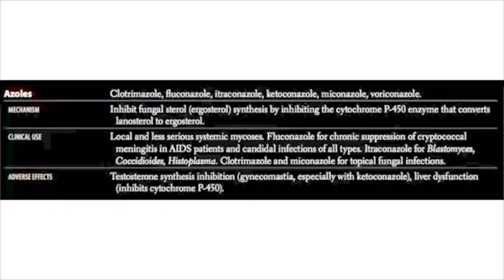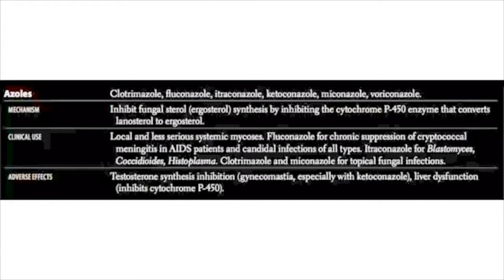The next drugs we're going to talk about are the azoles. The azole drugs inhibit ergosterol synthesis. And what that does is, again, you cannot form the ergosterol, which is required for the cell membrane of these fungal cells. And in general, we give these for systemic infections.